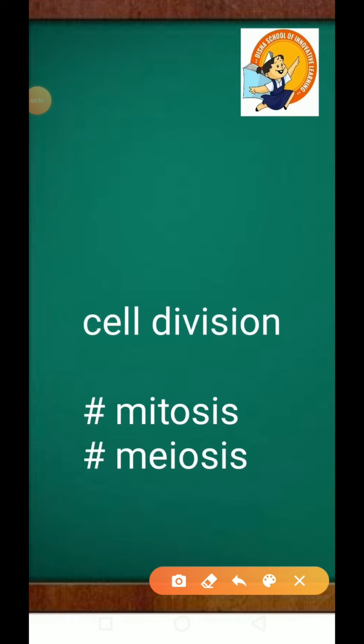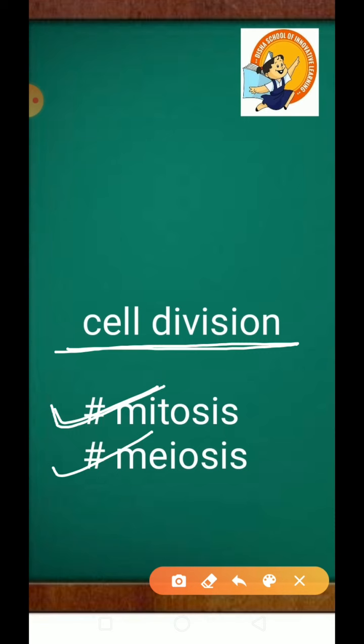Now, this cell division is of 2 types. How many types? 2 types. One is mitosis and the other is meiosis. The first one is mitosis cell division and the second one is meiosis cell division.